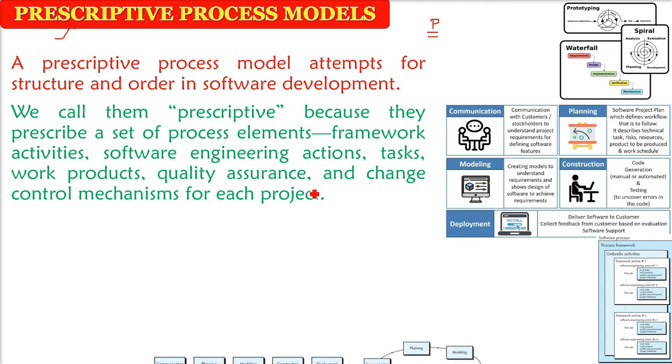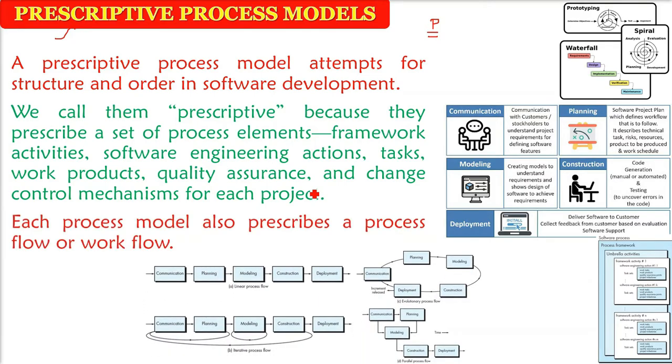Now, each process model, whichever model you choose, will also tell you how the flow of the process will be. Process is all about the work, what you're going to do. That is the bigger chunk of work. For example, we learned about the linear process model, where the framework activities are communication, planning, modeling, construction and deployment.